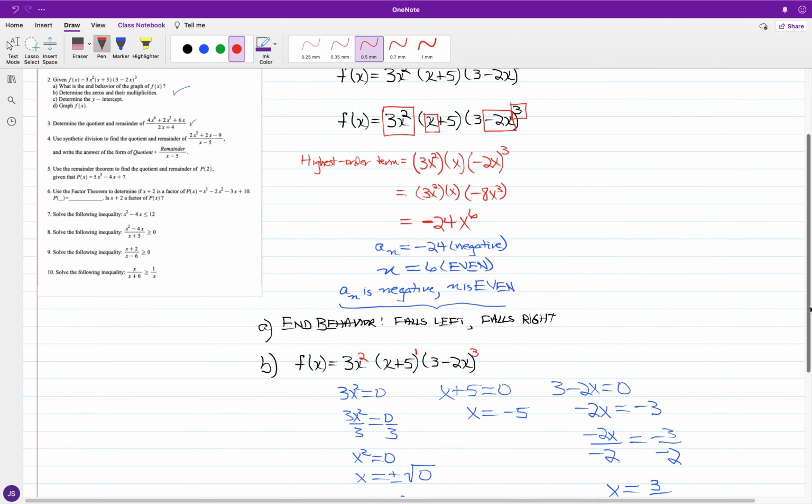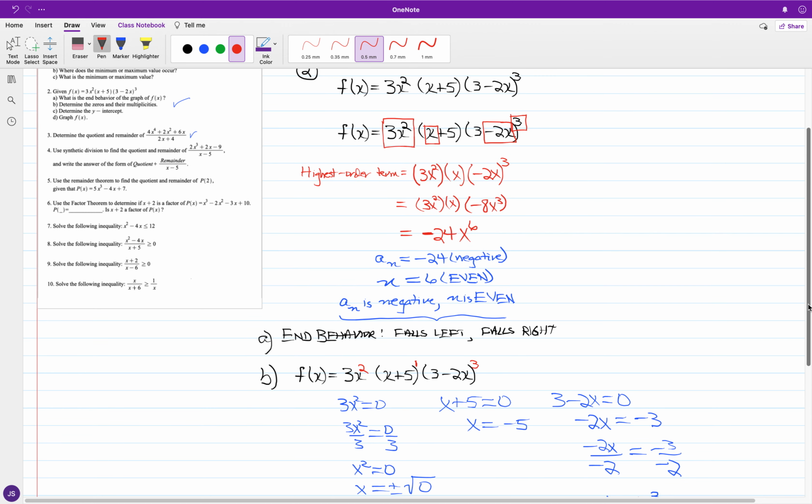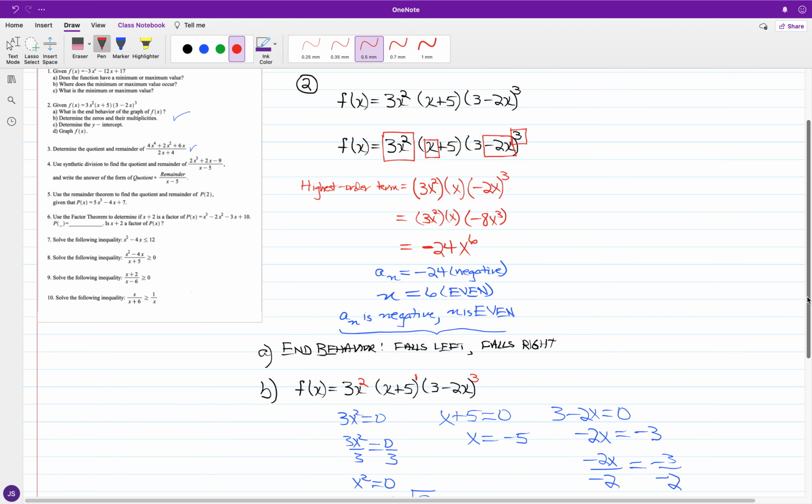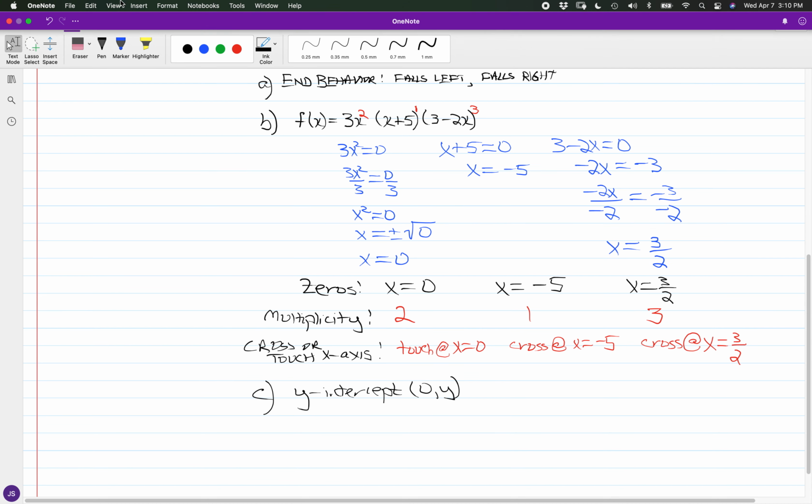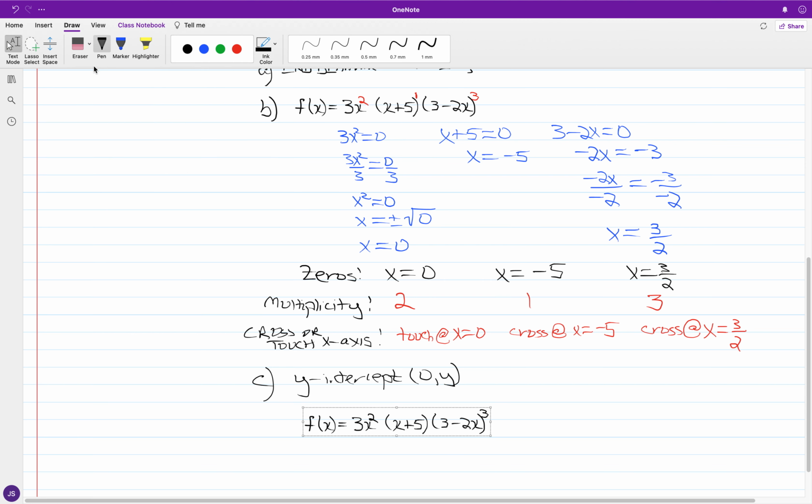And for the y-intercept, this is our function.